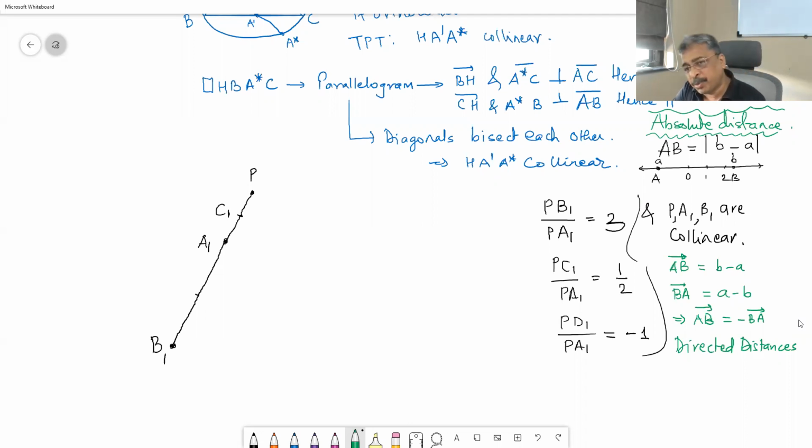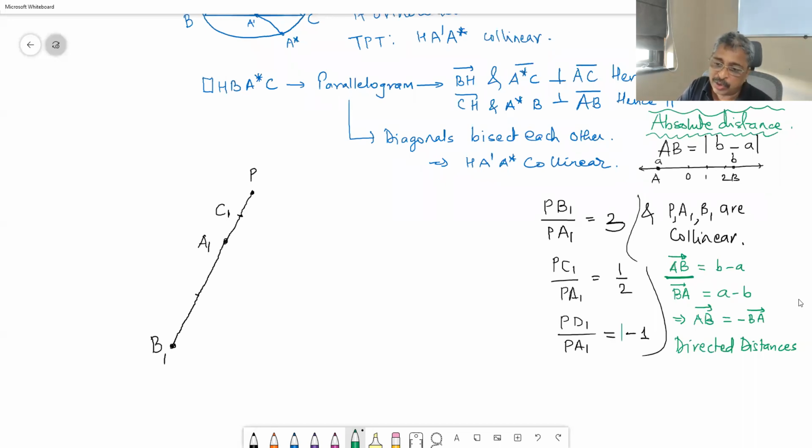However, if you give importance to direction, from A to B, then it has to be b minus a without the absolute value sign. Maybe positive, maybe negative, depending on whether A is to the right of B or B is to the right of A. Therefore, directed distance AB is b minus a, and directed distance BA is a minus b.